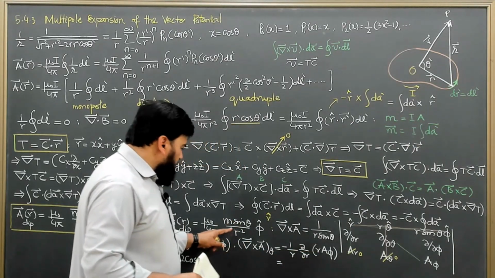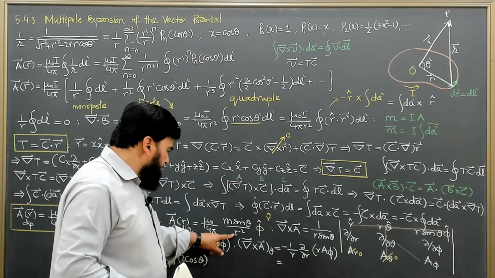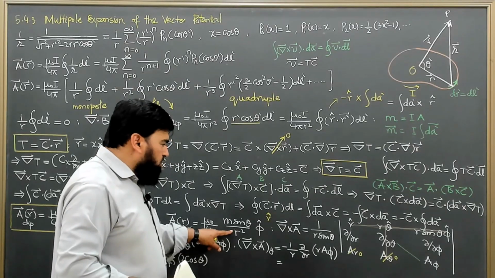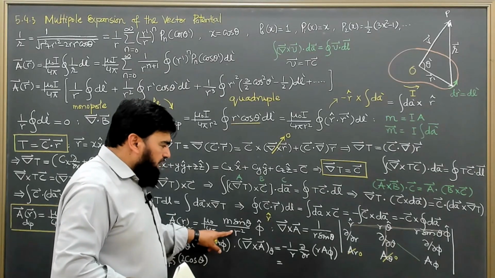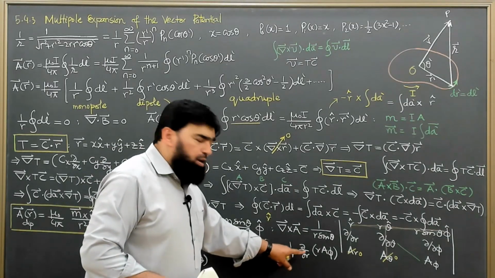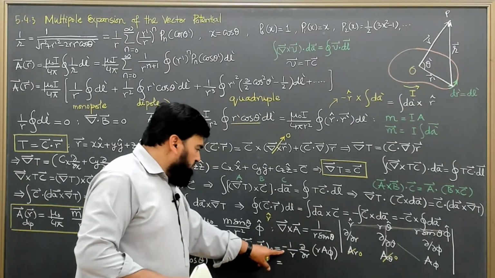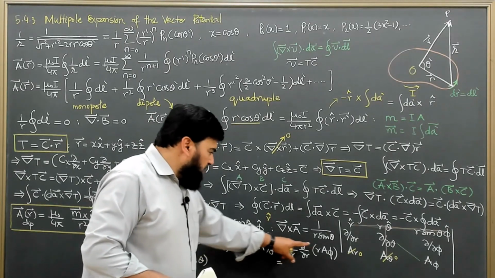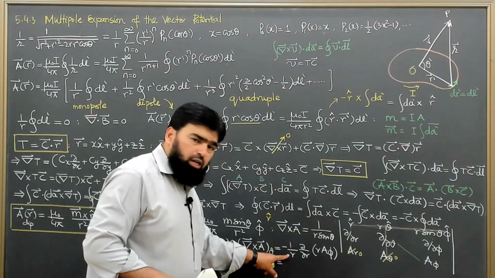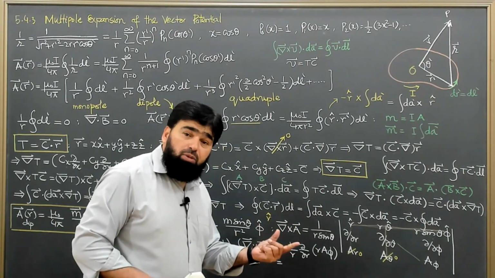One r will cancel with this r squared. So we will have 1 over r here, and the derivative of 1 over r will come out to be minus 1 over r squared. So minus will become plus with this one, and 1 over r squared from here and 1 over r squared here, so it will become r cube.